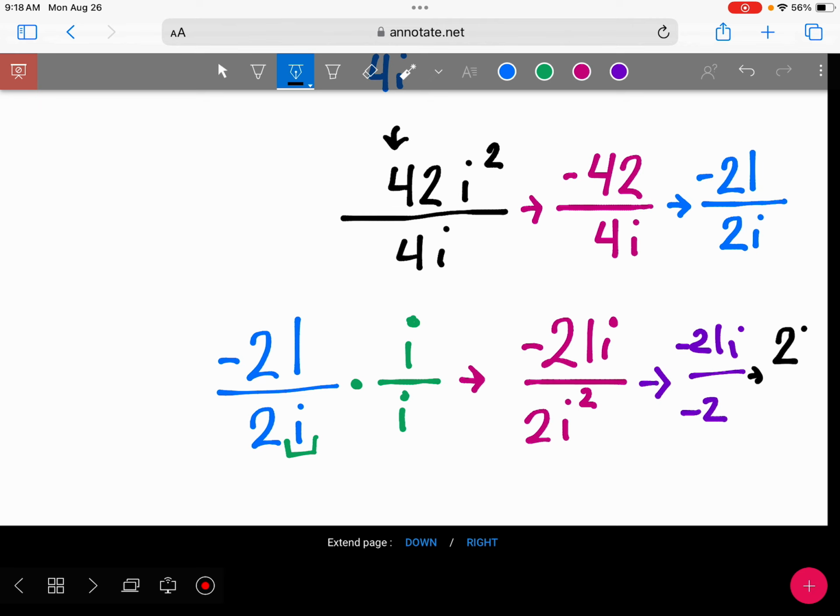And we're going to have 21i right on the edge right there over 2. That's our answer. I know it's right on the edge and kind of small. So when they give us negatives under the radical, switch them to i's. Okay?